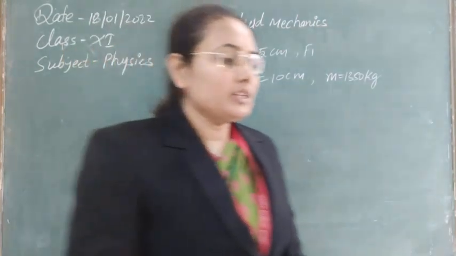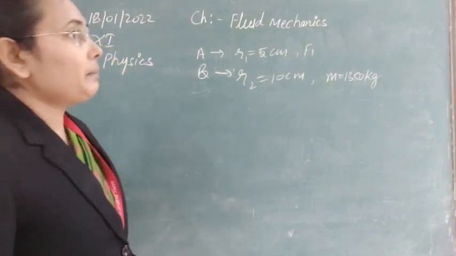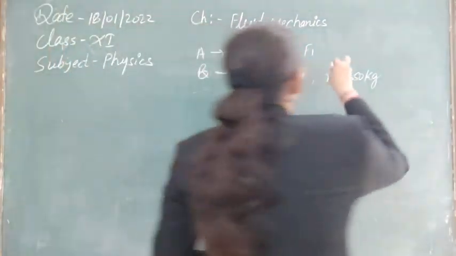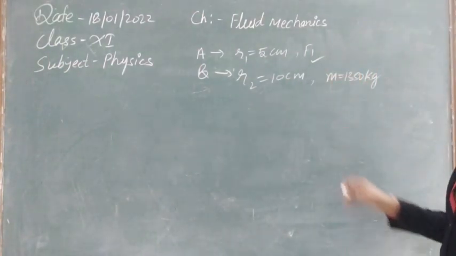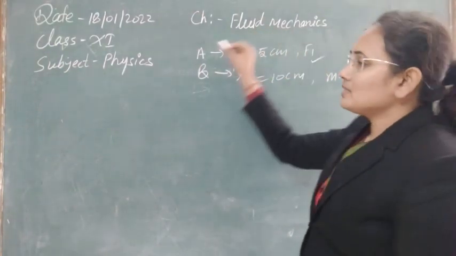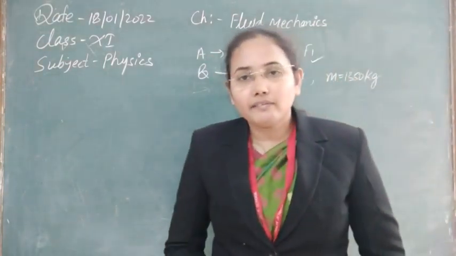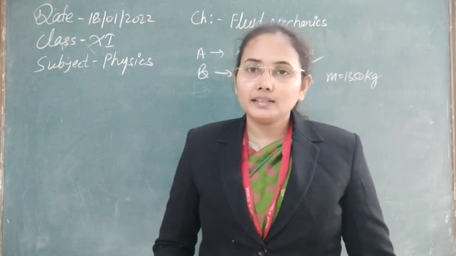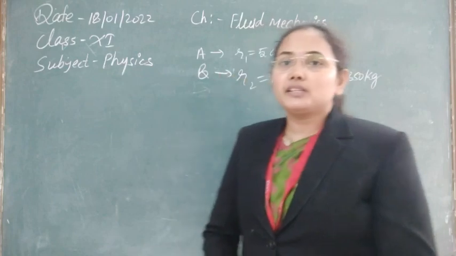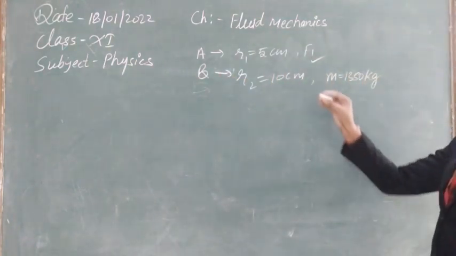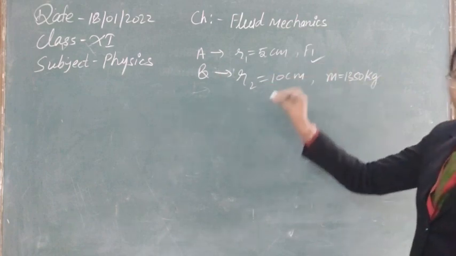So let's solve this problem first. This problem is saying if we are applying some force F1 on the smaller piston A with this radius, then as Pascal's law is saying, when gravity effect is neglected, this pressure will be transmitted to the other region. So if the pressure is transmitted, then definitely it will apply the same pressure on this second piston.